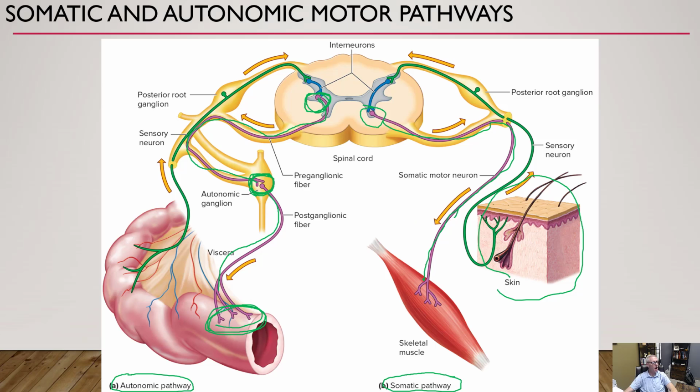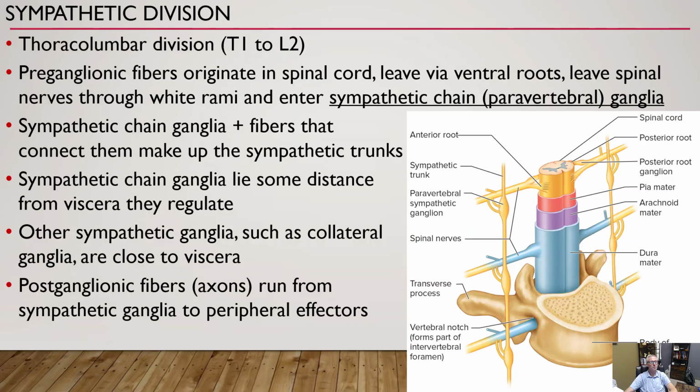So only on the autonomic side will we see that linkage between the preganglionic and the postganglionic fiber link up in that ganglia or that ganglion. All right, so now we need to differentiate between what happens in the sympathetic side versus the parasympathetic side.